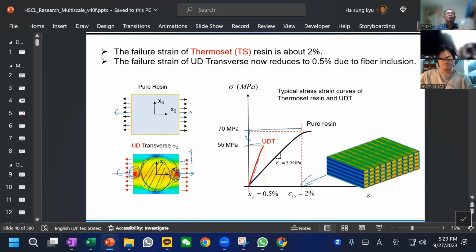So again, the transverse direction is weaker than the pure resin system, but in the fiber direction it is really stronger than conventional materials. Depending on the resin system, this behavior can vary. The point I would like to emphasize here is the stress concentration.